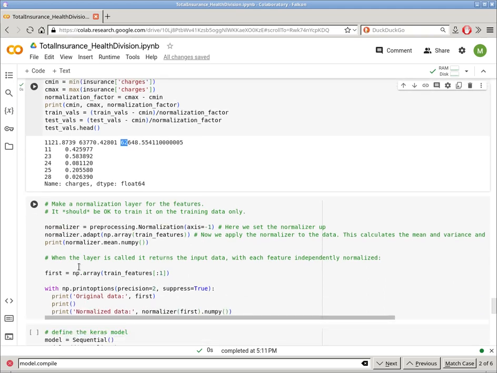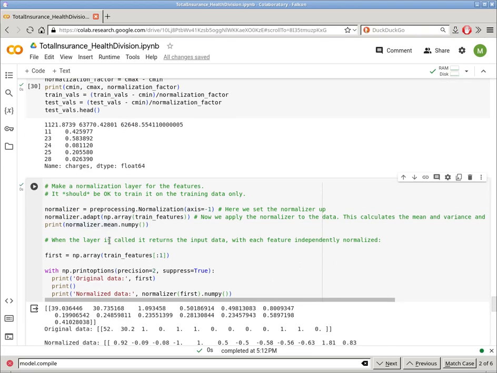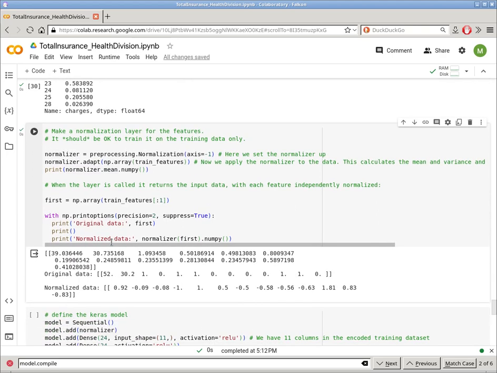Here I think we picked the training features to train a normalizer on. Now this normalizer is rather different. This normalizer is computing mean and standard deviation, and the normalized value is going to be standard deviations above or below the mean. Which is okay for a lot of data, but it didn't make any sense for charges which are being linearly predicted and things like that. So this thing did not change. This was the same as before.